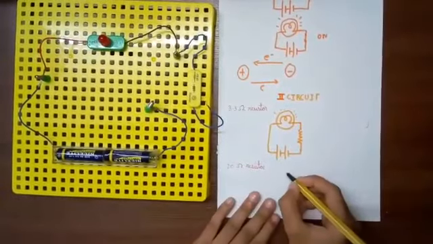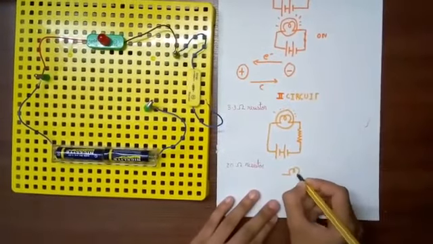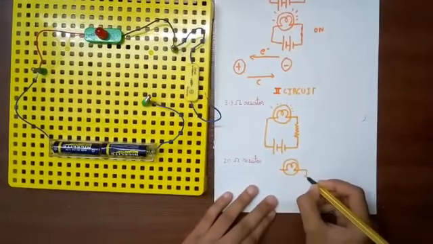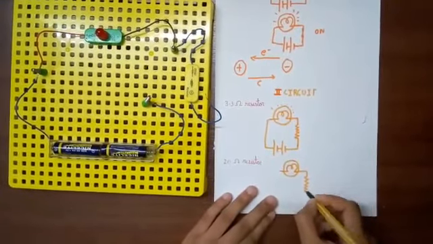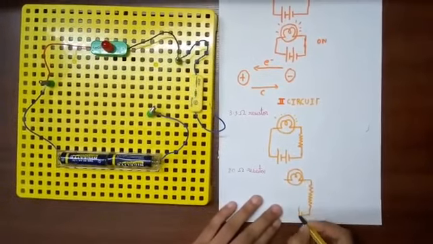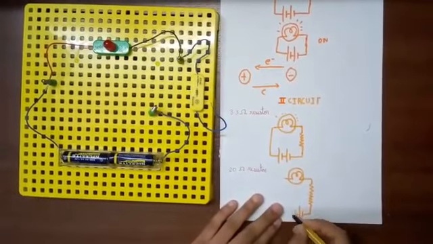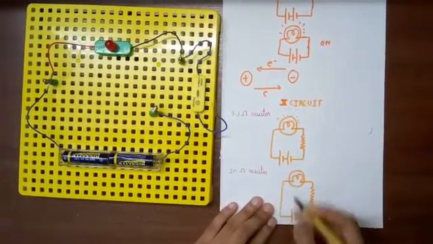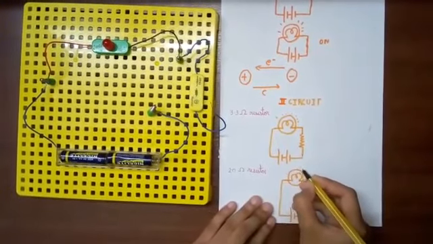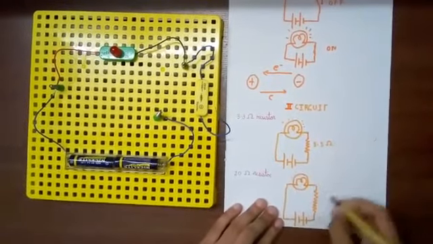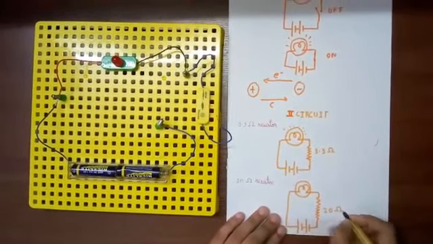First, the symbol of the light bulb. Next, a 20 ohm resistor. This is 3.3 ohm. This is 20 ohm.